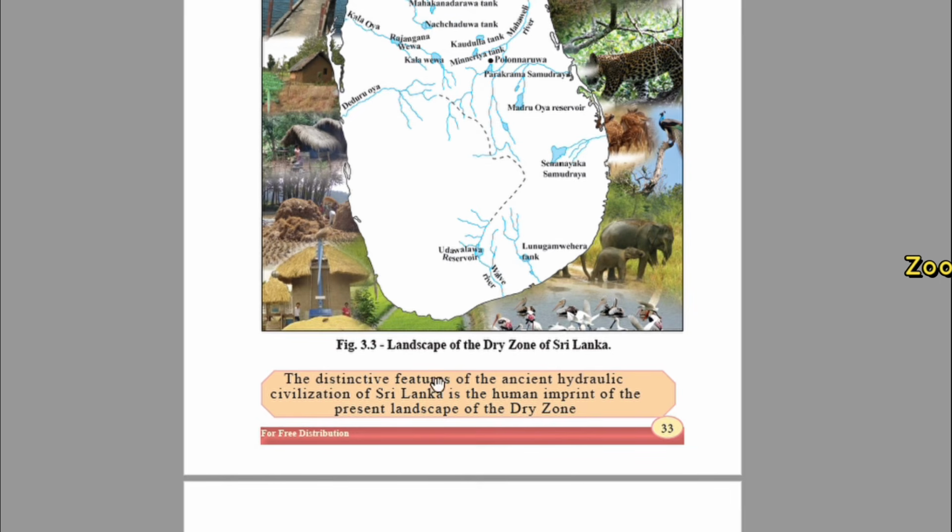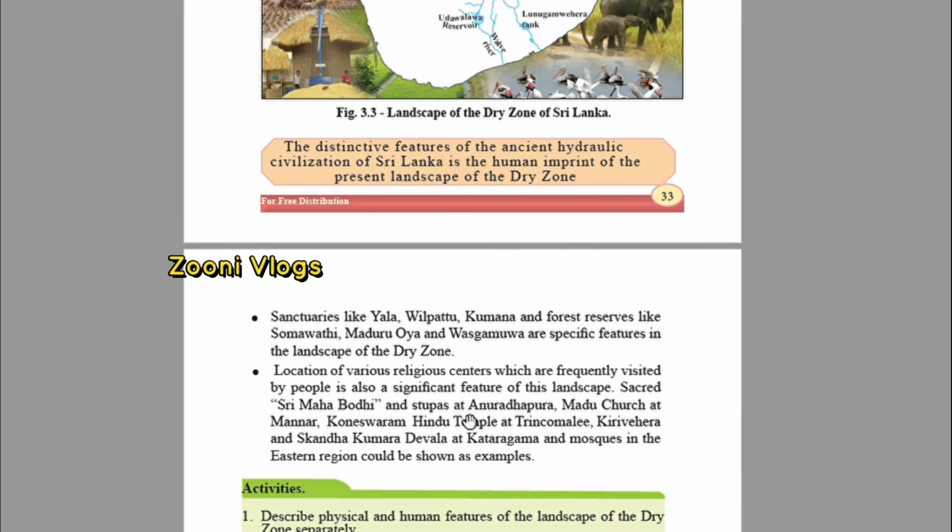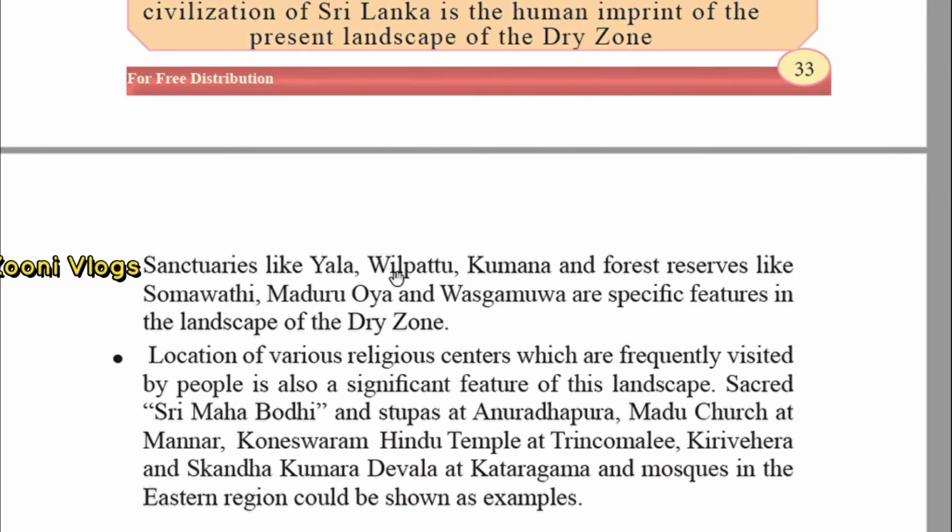These distinctive features of the ancient hydraulic civilization of Sri Lanka are the human imprint on the present landscape of the dry zone. Now here, sanctuaries like Yala, Wilpattu, Kumana and forest reserves like Somawathiya, Maduru Oya and Wasgamuwa are specific features in the landscape of the dry zone.